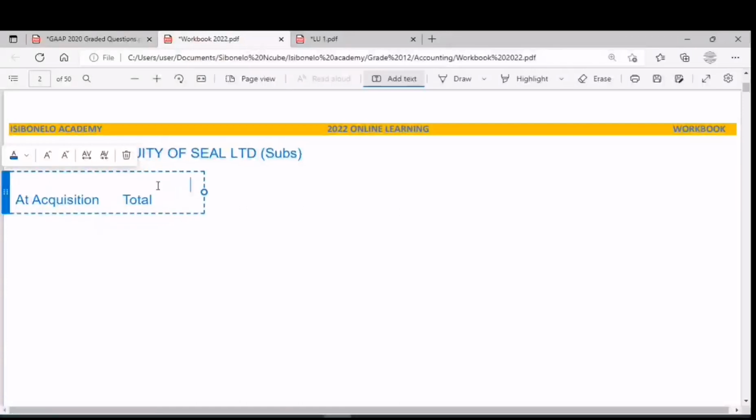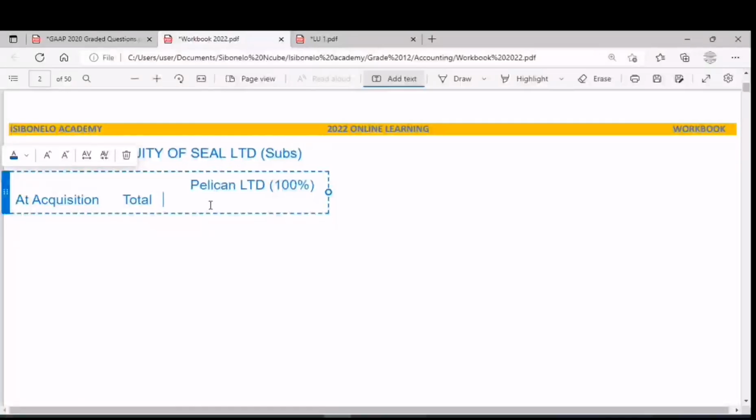Then i-column yesithathu sino Pelican or i-parent, so Pelican Limited, and in this case we know Pelican they acquired all shares, so they own 100%.